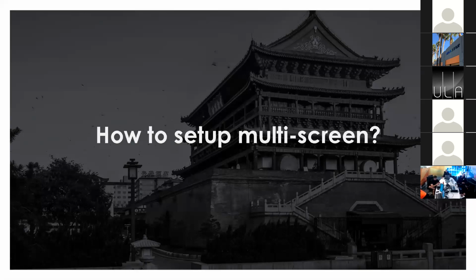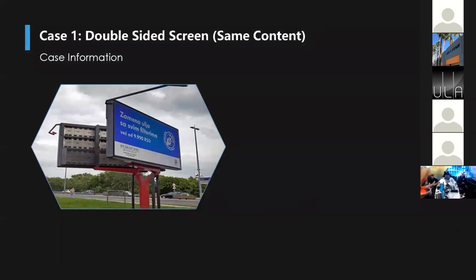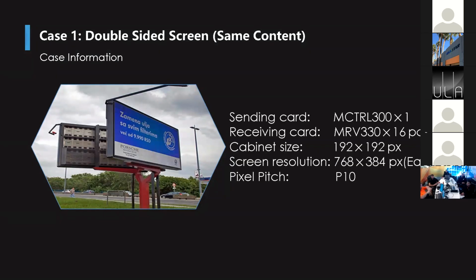After knowing what multi-screen management is, now let's see how to set up. We can see some real cases here. That's a double-sided screen. The sending card is an M-Control 300 and the receiving card is MRV 330.